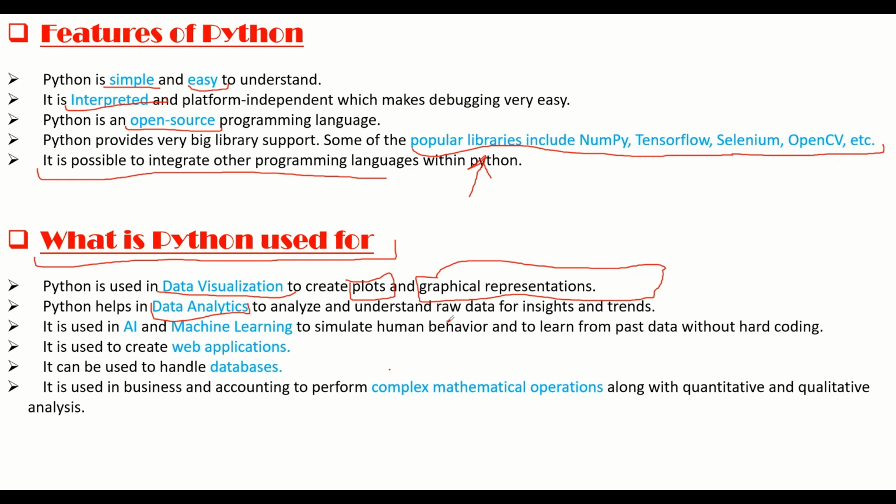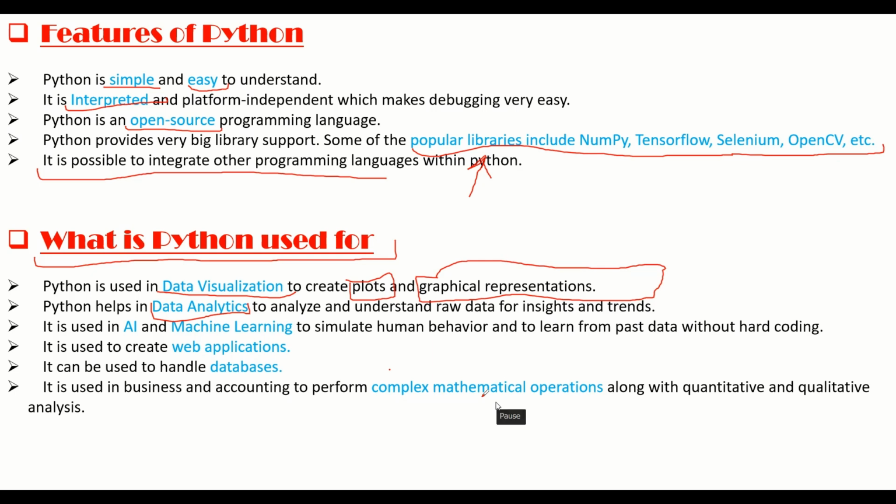Data analysts and scientists use Python to clean, preprocess, and analyze large data sets to extract valuable insights, identify trends, and make data-driven decisions. So, Python is also used in data science and data analytics.